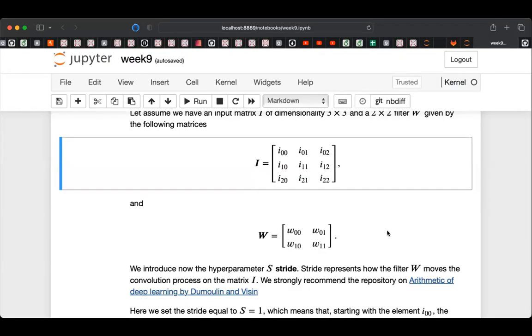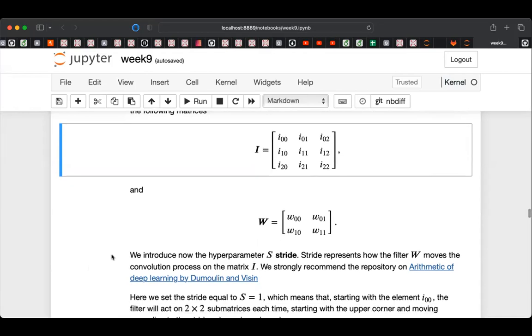And if you look at the operation which we have here, what we are going to obtain now is a new matrix. And I'm going to use a stride which is equal to 1. We are coming back to that a little bit later on the whiteboard.